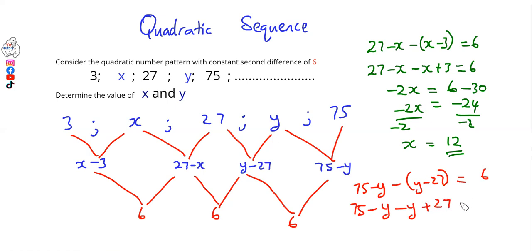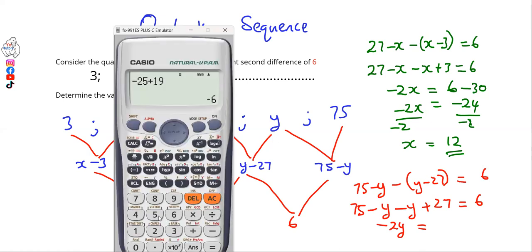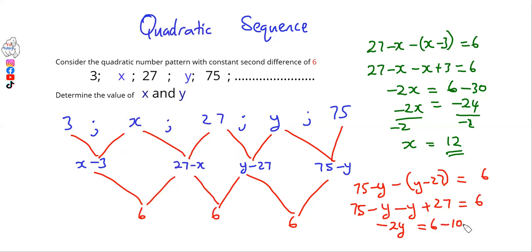Remember, minus in minus is plus. Then 75 plus 27, we get minus 2y equal to 6 minus 102. If we say 75 plus 27, what do we get? We get 102.